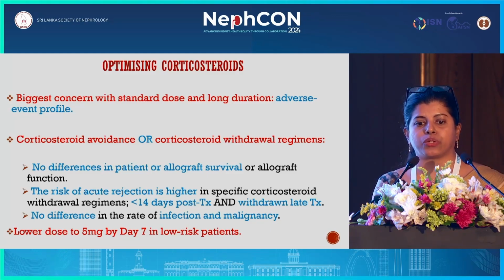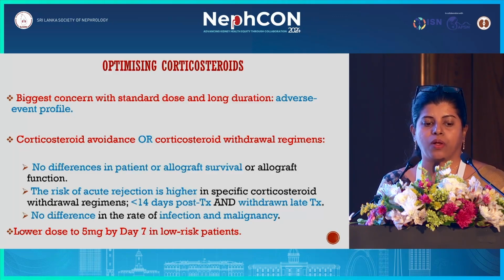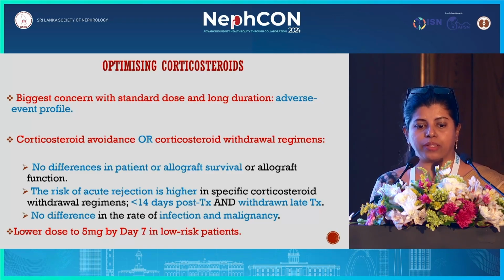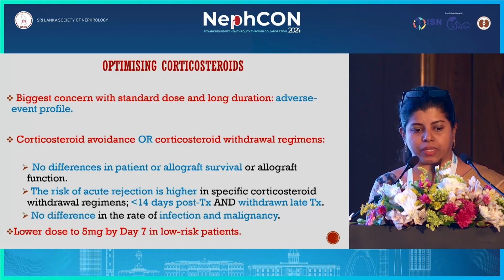Now coming to the backbone of all transplant programs, the biggest concern with corticosteroid is that when it is used in the usual standard dose of a long duration, there is a significant adverse event profile. And hence, many transplant programs have gone on to use corticosteroid avoidance or corticosteroid withdrawal regimens.